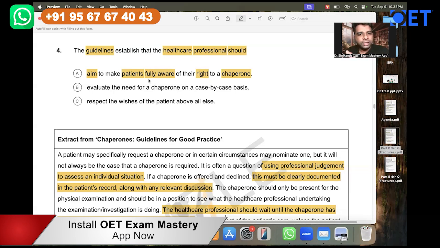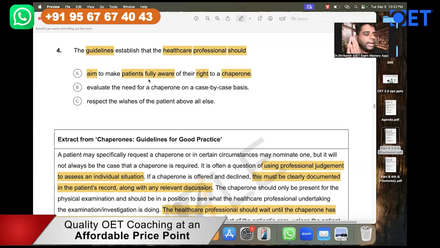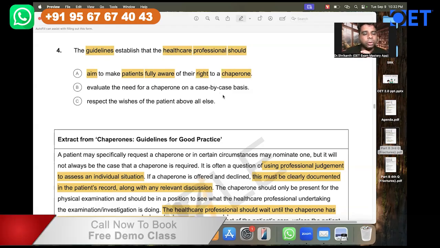Then they go to the second patient, the third patient, the fourth patient. What is the aim of the healthcare professional? To give information to all the patients regarding their right to a chaperone. Right basically means they deserve a chaperone. So that is what answer option A is telling.